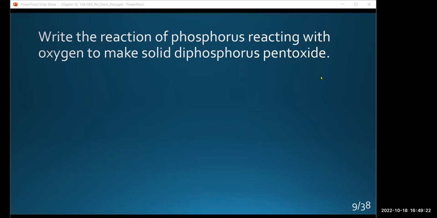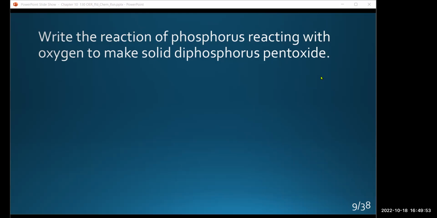All right, here's one reaction. This one says, write the reaction of phosphorus reacting with oxygen to form solid diphosphorus pentoxide. So currently it looks like we have a covalent reaction here, right? Because we've got phosphorus and oxygen, they get together to form diphosphorus pentoxide, which is a covalent compound.